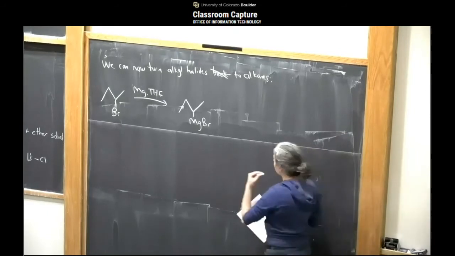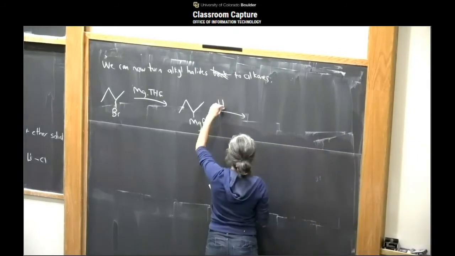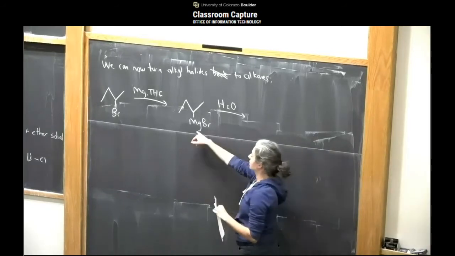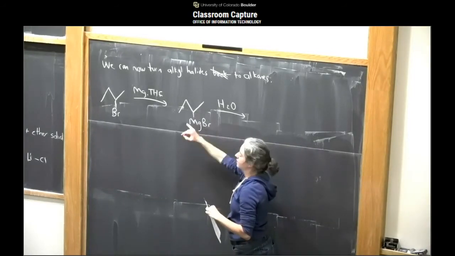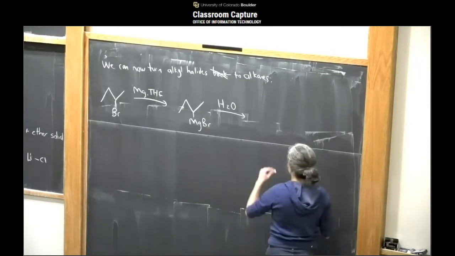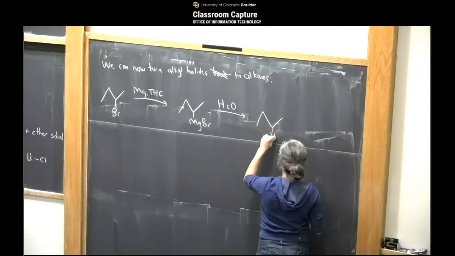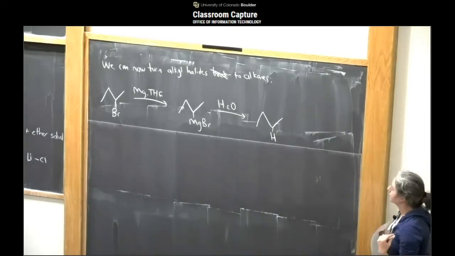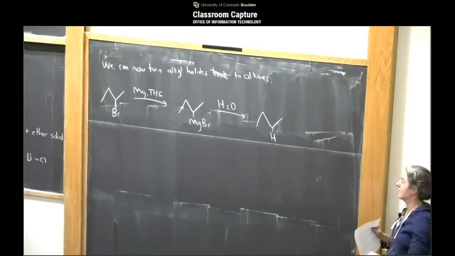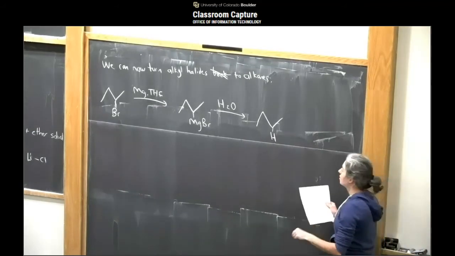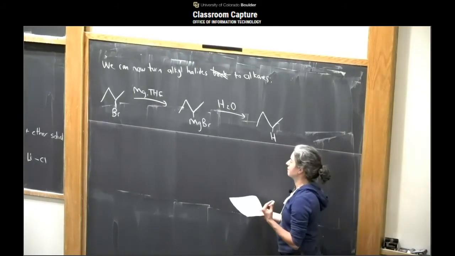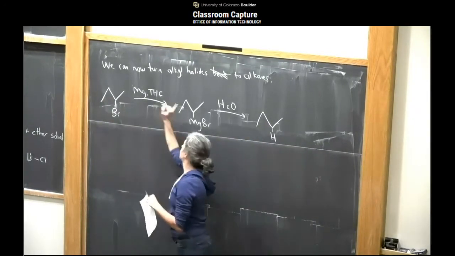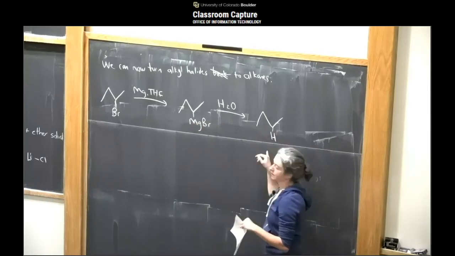And now if we take that and react it with water, we already know that this is just going to do what's called quenching the Grignard and stick a proton on where the metal was a moment before. Okay. So this is the very first example we've seen of stringing two reactions together, one right after another. We're going to talk about this more at the end of this chapter, but we now have a way to take an alkyl halide, turn it into something, and then turn that something into something else.